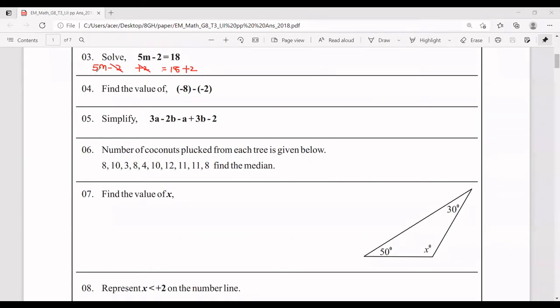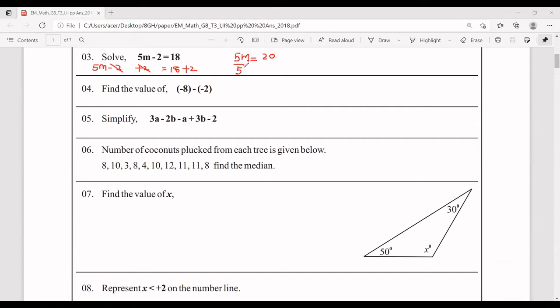In the left-hand side now, 5m remains. What is the answer of the right-hand side? 20, yes. Here 5m is there. To solve this, 5m means 5 multiplied by m. Then divide both sides by 5 because the inverse operation of multiplication is division.